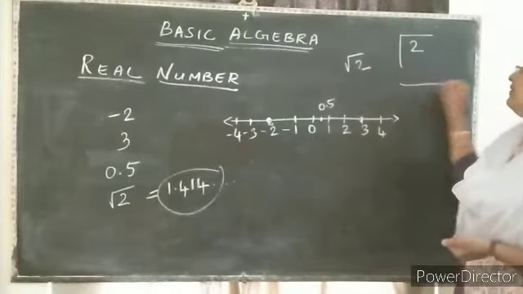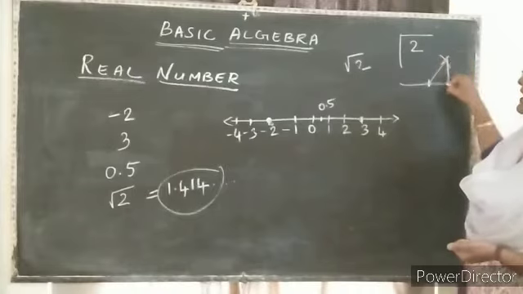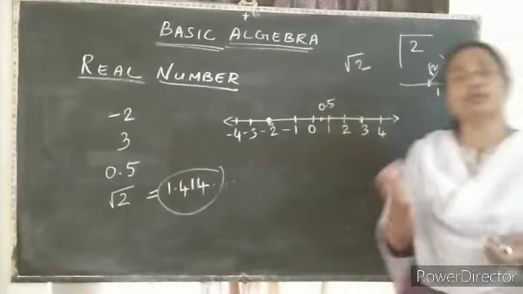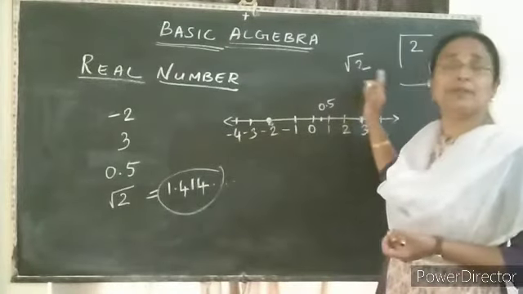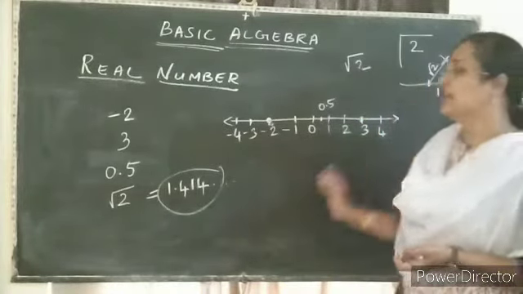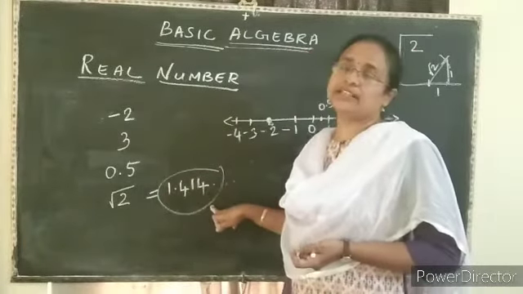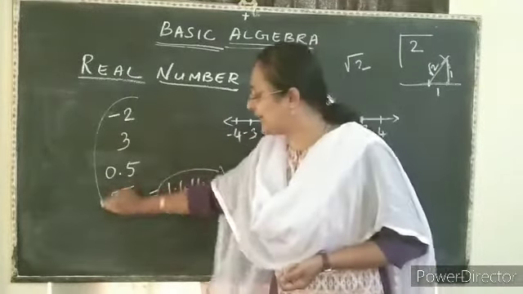Do you remember? We mark an arc and we join the line and we say 1 centimeter. You just go through your 9th standard books for a recapitulation. So this root 2 can be plotted on the number line. So again root 2 can also be plotted on the number line. In such a way, there are many varieties.